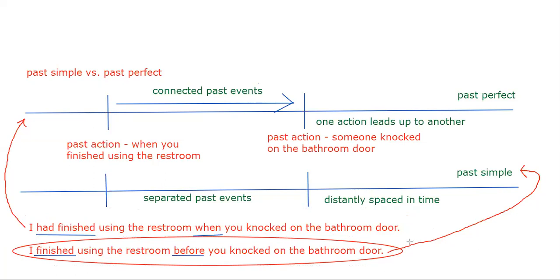They could be a second or a millisecond or an hour or a day. They're just distantly spaced in time. And of course, if you replace before with when, you're just implying that both events took place at the same time. So that's really the difference between all of these. So again, the past perfect is not merely used to describe one action that takes place before another. It's more complicated than that, as you can see here.